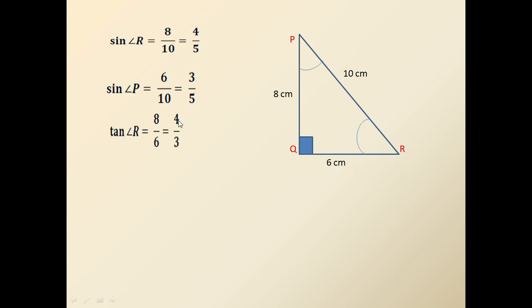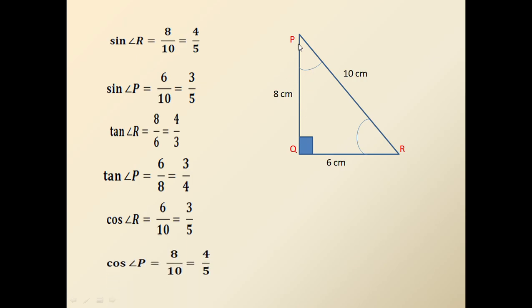Next, tan of angle P can be written as 6 by 8, opposite by base, so ultimately 3 by 4. Next, cos of angle R will become base by hypotenuse, that is 6 by 10, and after simplification it's 3 by 5. Cos of angle P: here base is PQ, that's 8 centimeter, by hypotenuse 10 centimeter.